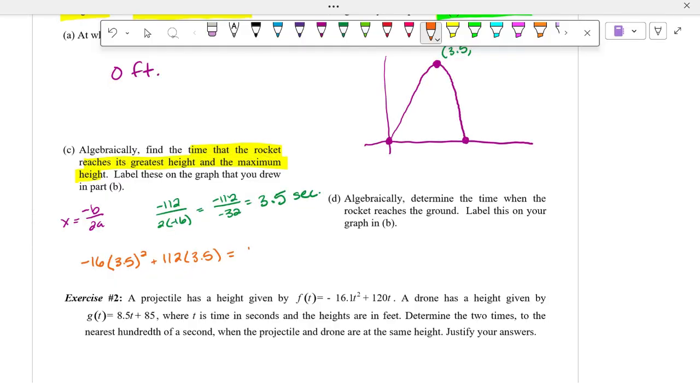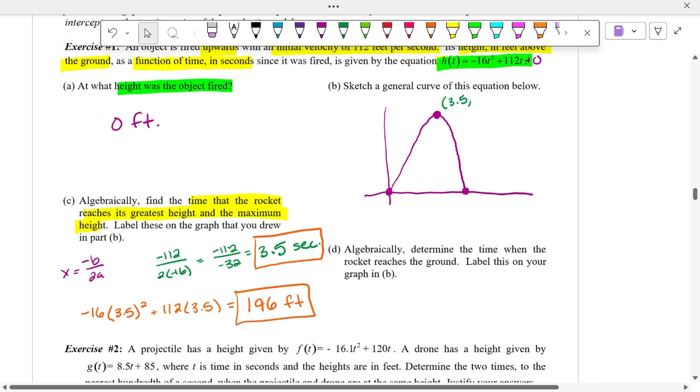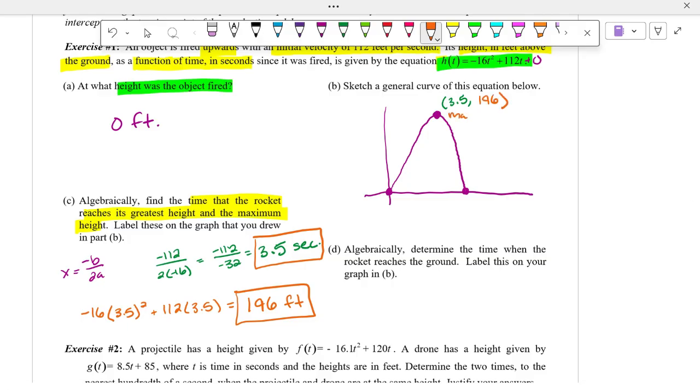So 196, that's what it is? Yes. So 196 what? What's the units? Not seconds, because it's not time. Feet. So it takes 3.5 seconds to reach a max height of 196 feet. So this would be 196. So that is our max.